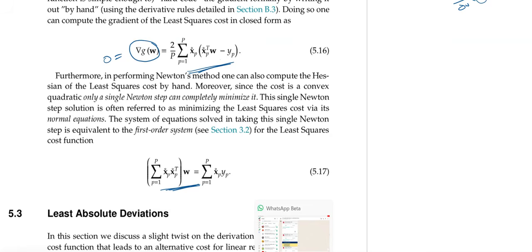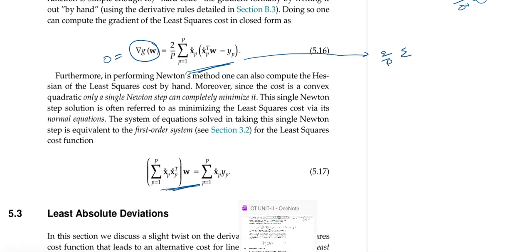Then I can write here 0 equals 2 by P sigma p equal to 1 to capital P (x_p transpose w minus y_p), that is equal to 0. If a product of something equals 0, the only option is either this is 0 or this part is 0.